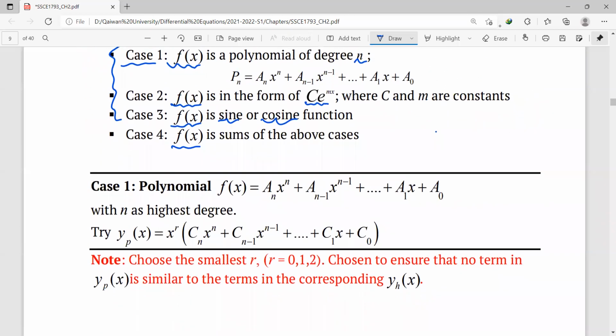First case: the right hand side is a polynomial of degree n. This is the general form of a polynomial of degree n.